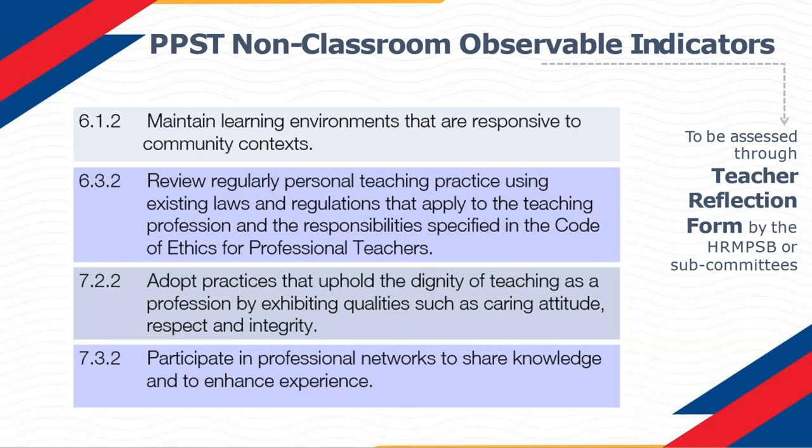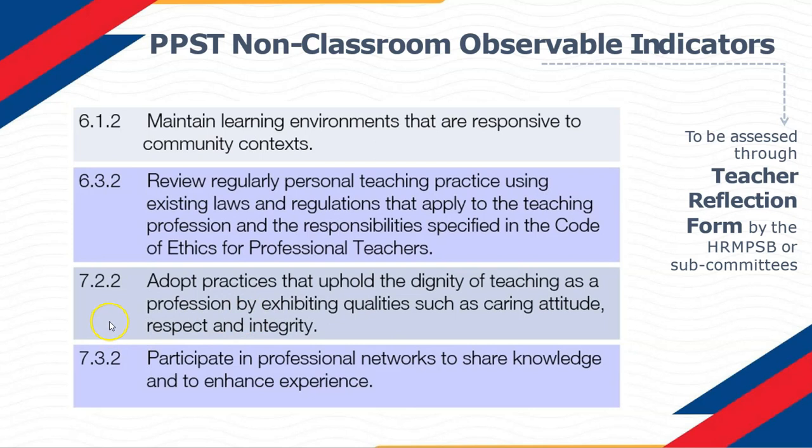For non-classroom observable indicators, these are the 4 indicators. 6.1.2. Maintain learning environments that are responsive to community context. 6.3.2. Review regularly personal teaching practice using existing laws and regulations that apply to the teaching profession and the responsibilities specified in the Code of Ethics for Professional Teachers. 7.2.2.